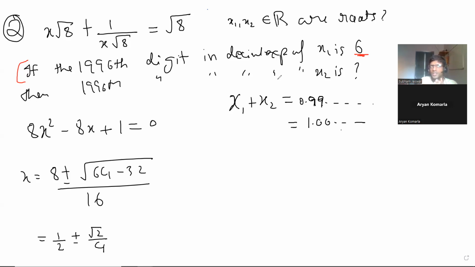But which numbers don't have a unique decimal expansion? Irrational numbers have a unique decimal expansion.